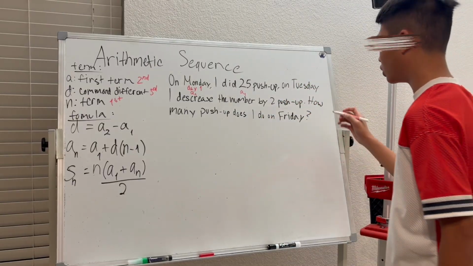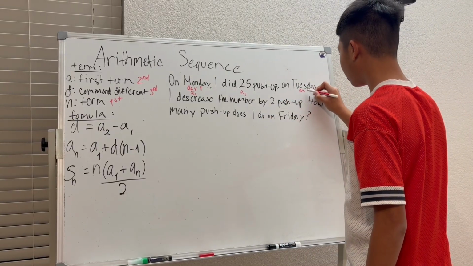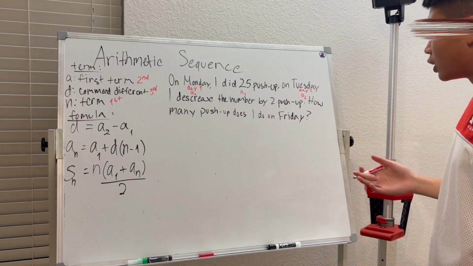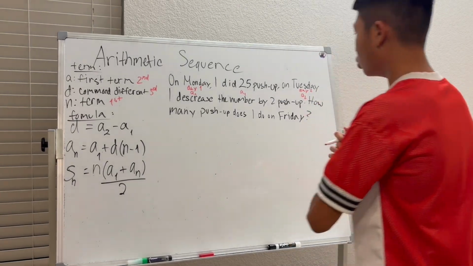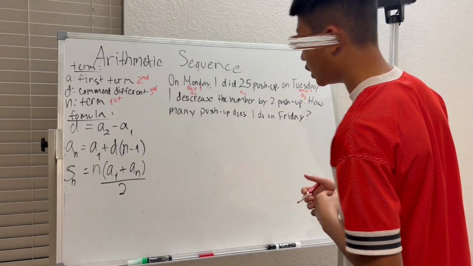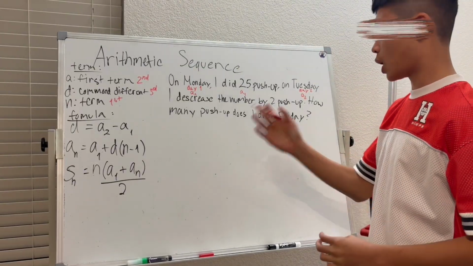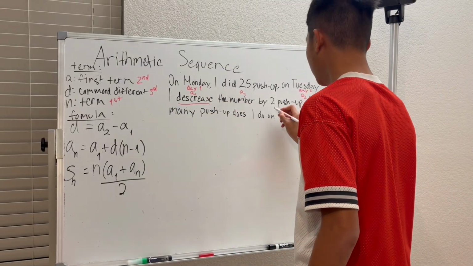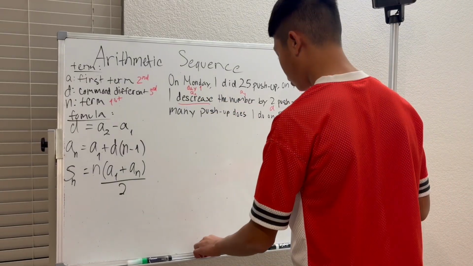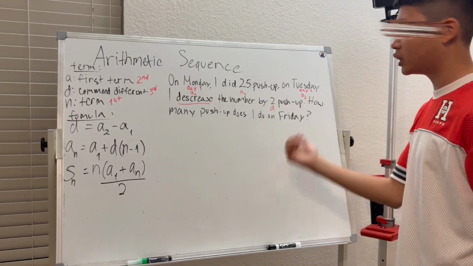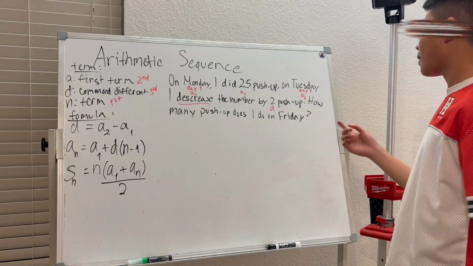On Tuesday, which is day 2, I'll call it a sub 2. I decreased the number by 2. Ooh, that's a big key. That is the common difference. It's either adding or subtracting, and decrease means subtracting.